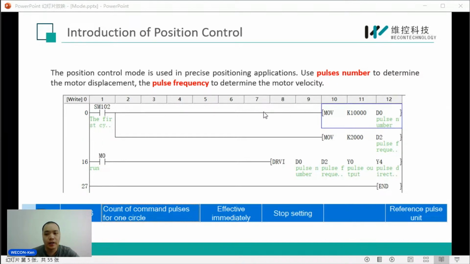The distance depends on the pulse number and the speed depends on the pulse frequency. We can use a position instruction to control the servo to move, like this picture.